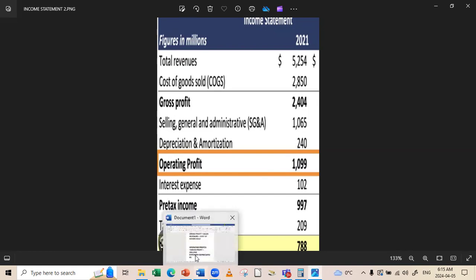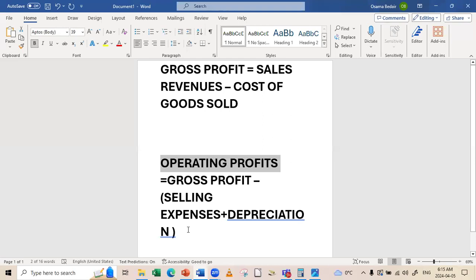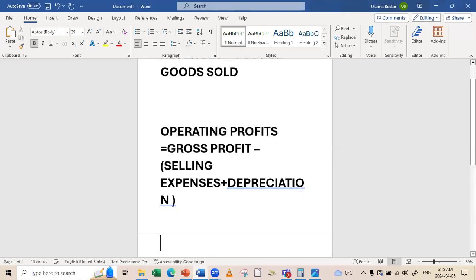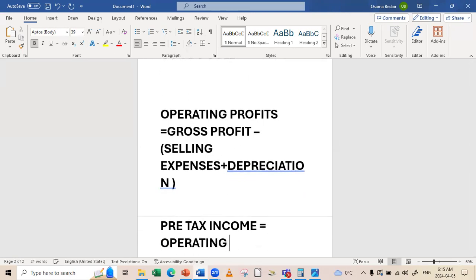So the third equation today: the pre-tax income, or income before tax, will equal the operating profits minus the interest expenses.